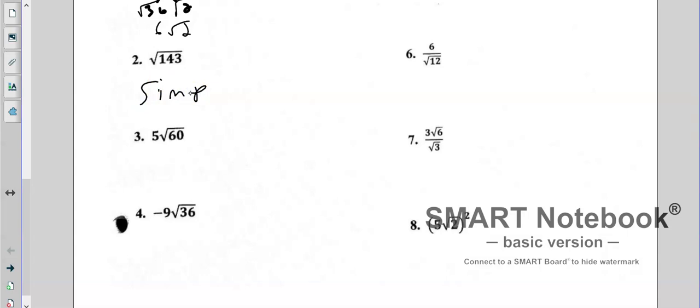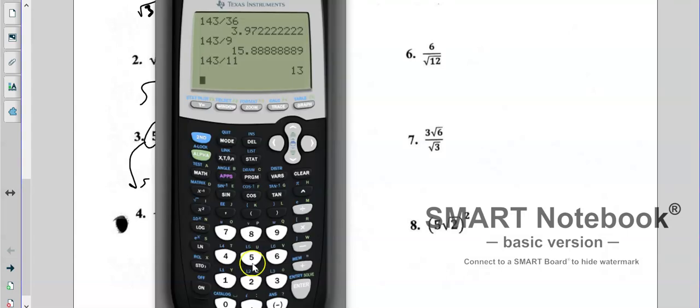5 times root 60. Don't forget this 5 is out here. I suggest you write the 5 to remind yourself to bring it out here. 60, you're looking for a magic number that goes into 60. Okay? So you just take your calculator and you try 60 divided by, well, 49 is the next smallest number.